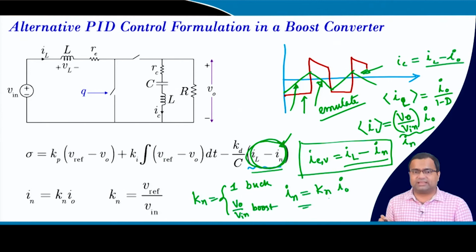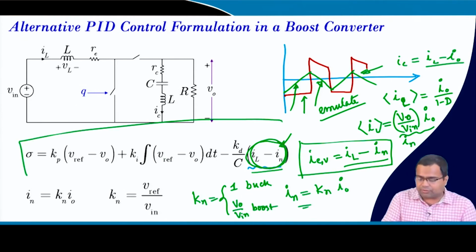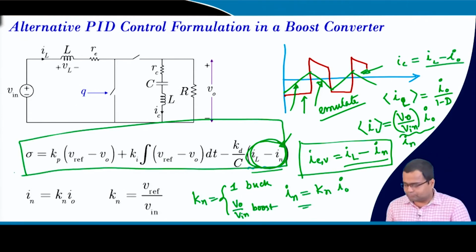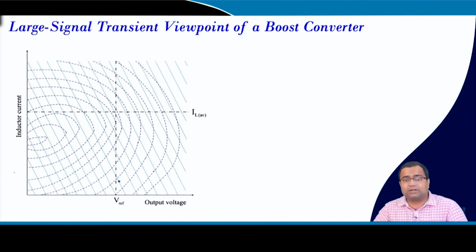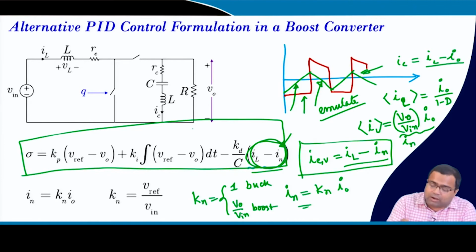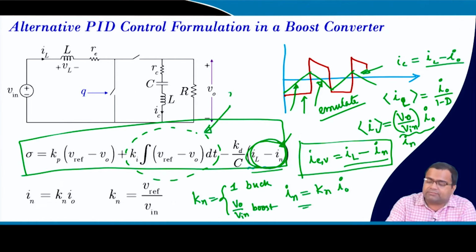So, we are doing some normalization here, and that is the new formulation of the PID controller. And if we do that, we are trying to see how we can relate it. But one thing we should remember: the integral control that we are considering here has a very slow dynamics.